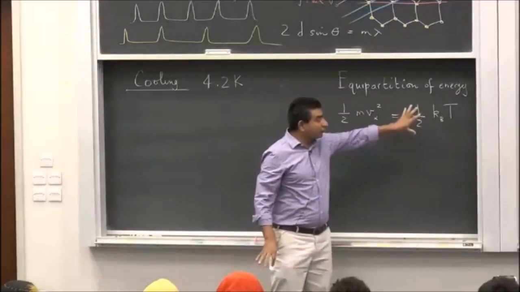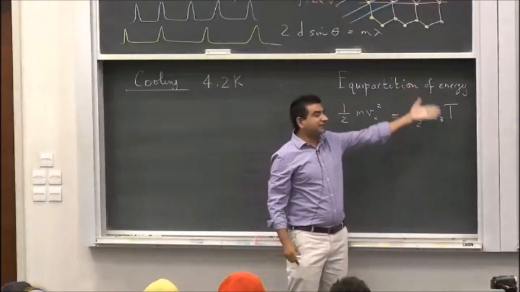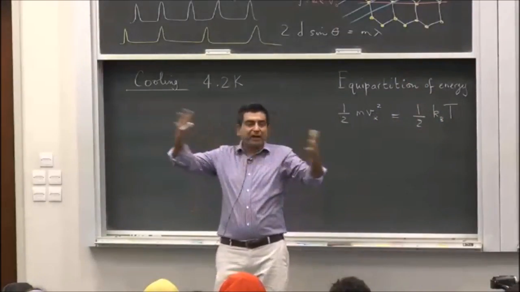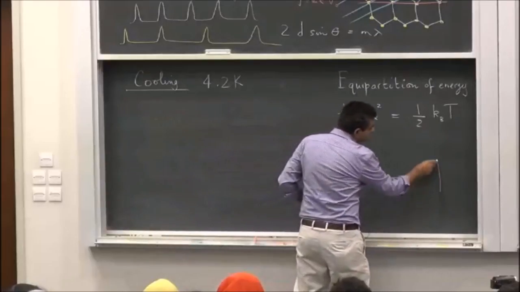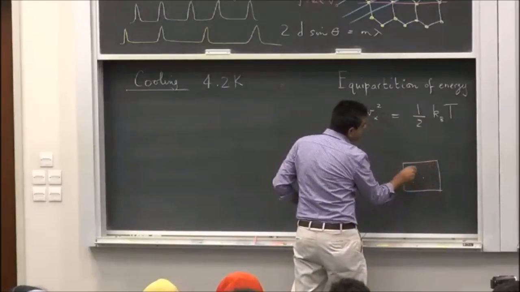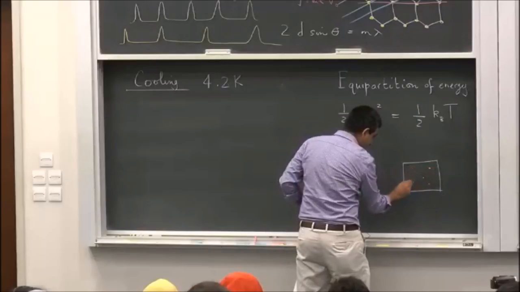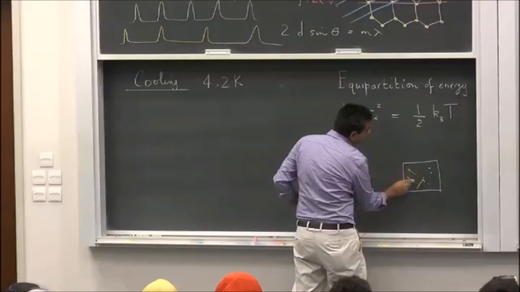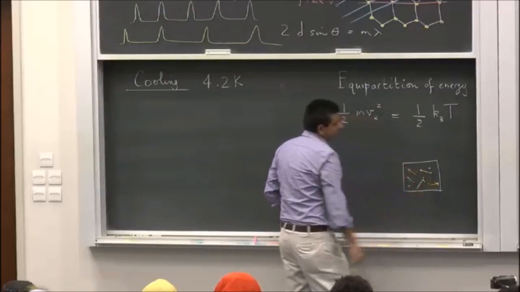This represents the amount of thermal energy. So the higher the temperature, the higher the translational kinetic energy. So now I have a soup of atoms inside a cavity, and they're all moving around in different directions.